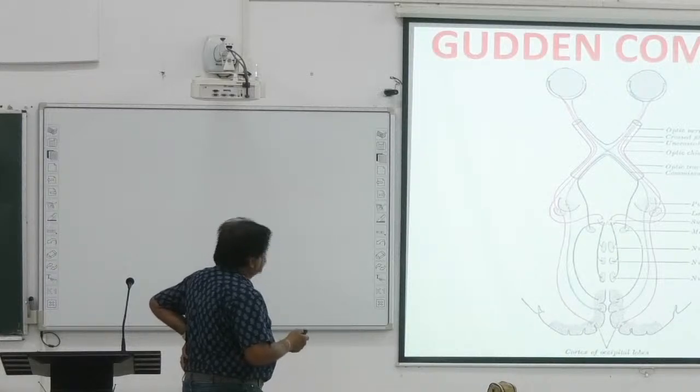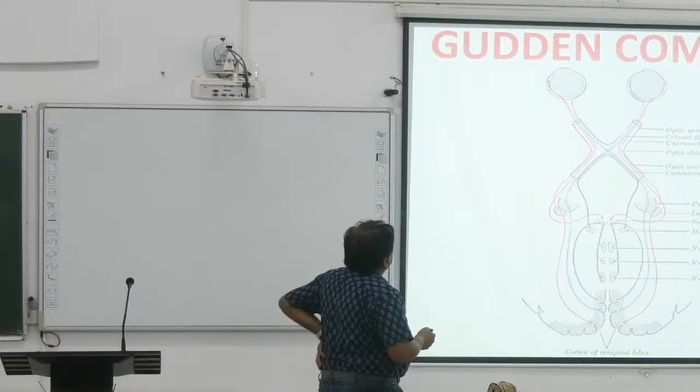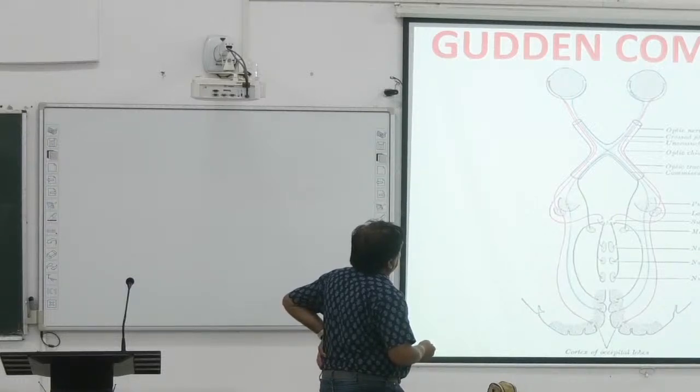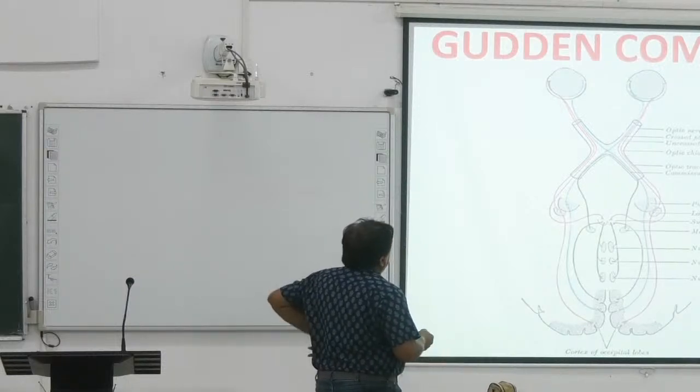This is Gudden's commissure. You can see the optic nerve and the crossed fibers in blue, the optic chiasma here, optic tract, commissure of Gudden, pulvinar, lateral geniculate body, superior colliculus. This is the medial geniculate body, the nucleus of the oculomotor nerve, nucleus of the trochlear nerve, nucleus of the abducens nerve, and the cortex of the occipital lobes. These are the nerves going to the occipital lobes of the brain.